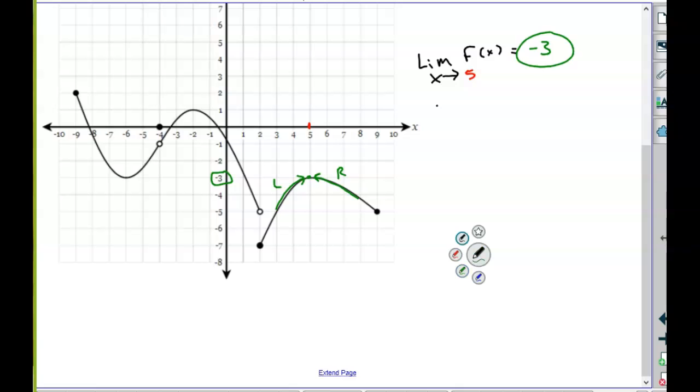Now, I could write it this way as well. The limit as x approaches 5 from the left of f of x. If I put that little negative there, it's not -5. This is saying you're only looking at the left-handed limit here. So that is just approaching wherever it stops at 5, which is also -3.